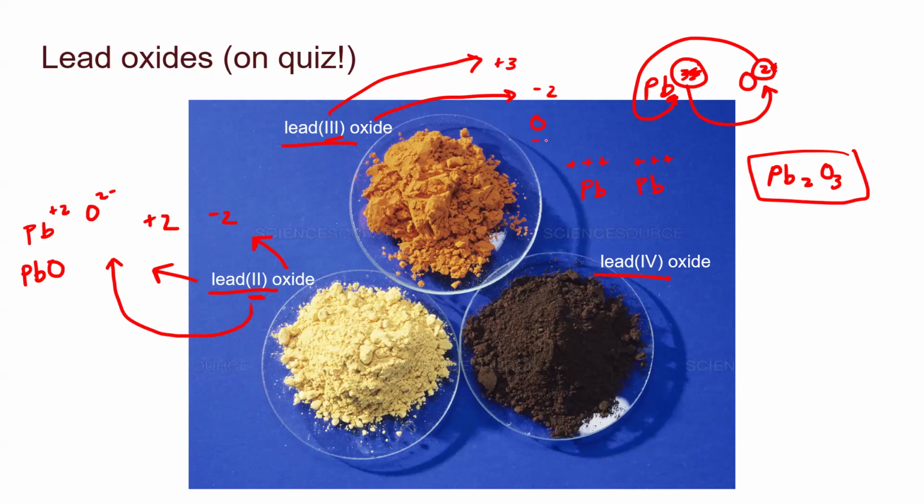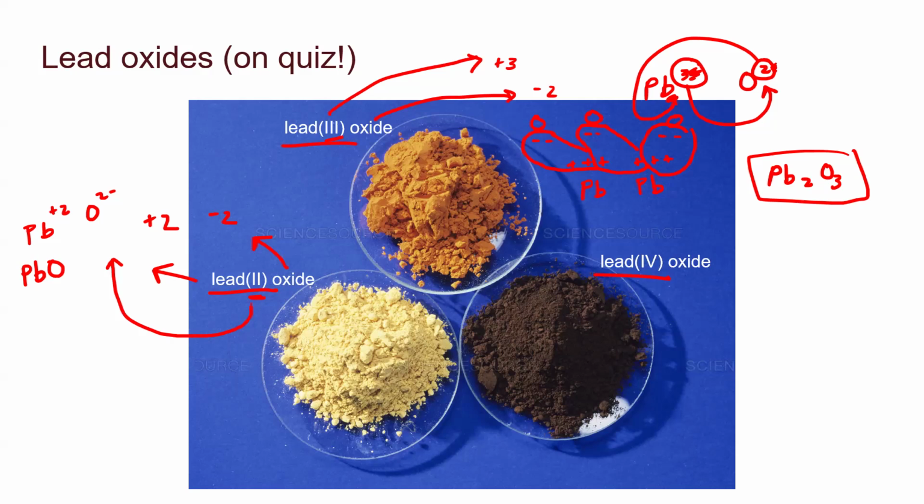And each one of them is minus, minus. So this oxygen will knock out these 2 positive charges. This oxygen will knock out these 2 positive charges. And this oxygen will knock out these 2 positive charges, or kind of cancel out. That's why we can use that rule, because we're trying to make this have a neutral charge. And that's how we do it with three oxygens that each have a -2 charge and two leads that each have a +3 charge.